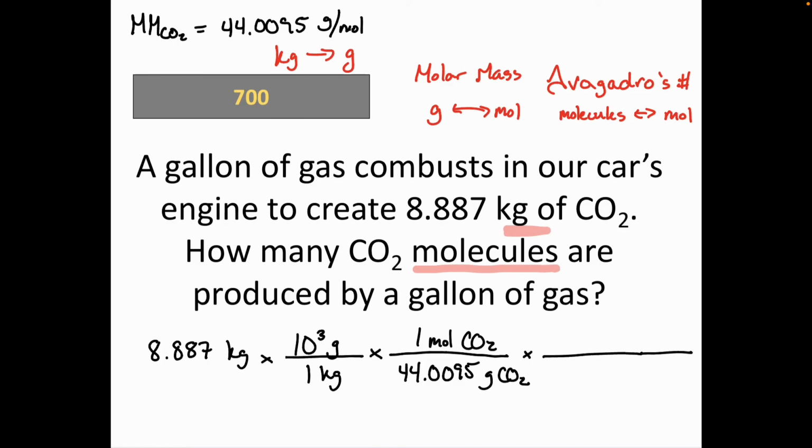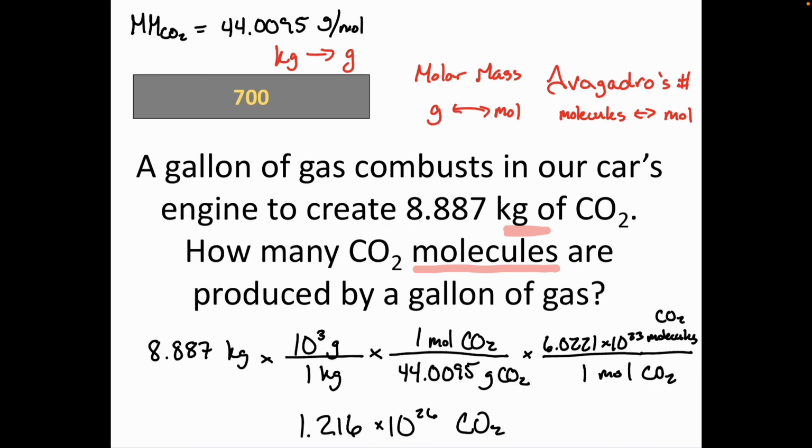And now that I'm in moles, I can finally use Avogadro's number to get to molecules of CO2. Okay. So my final answer would be 1.216, rounded to the correct number of sig figs, times 10 to the 26 CO2 molecules.